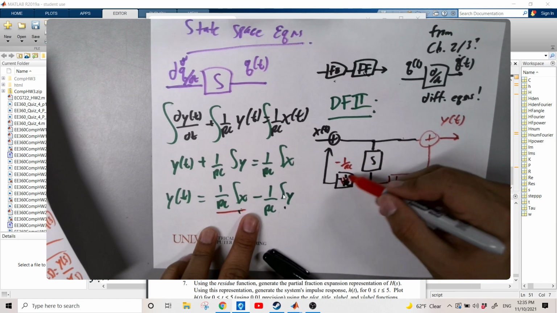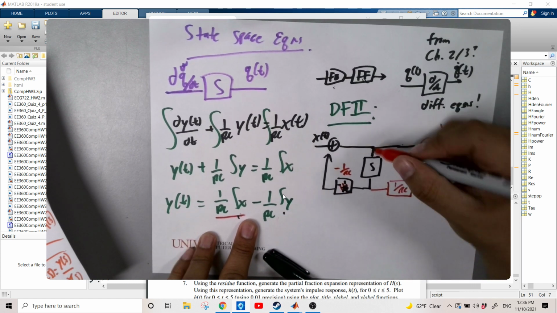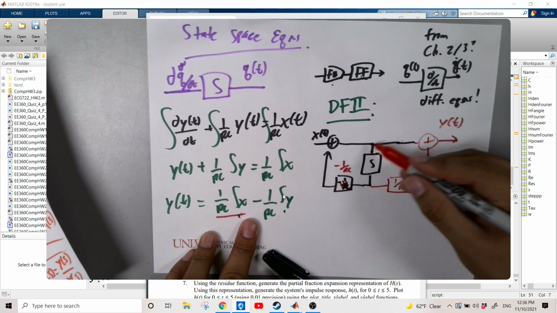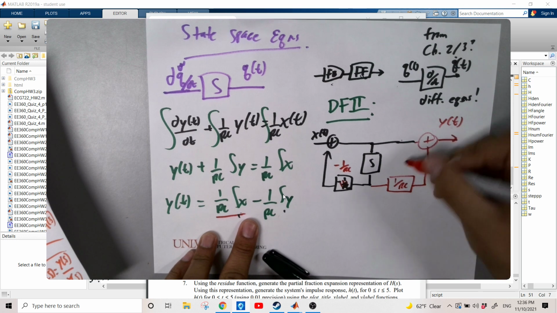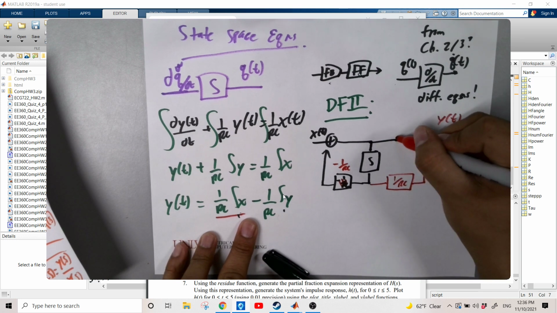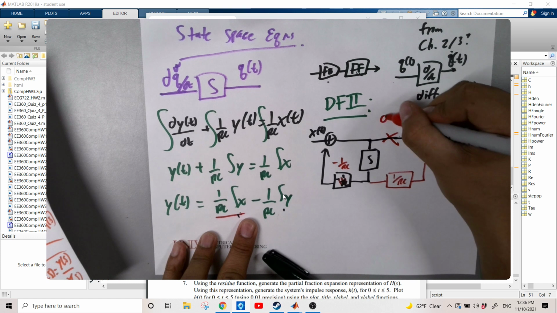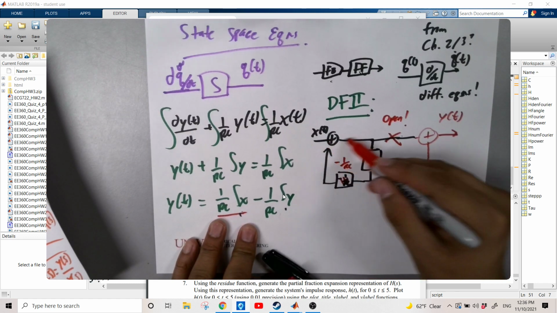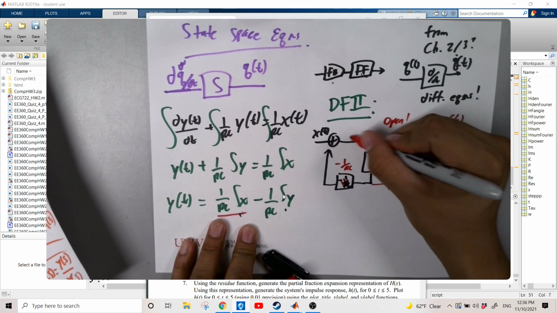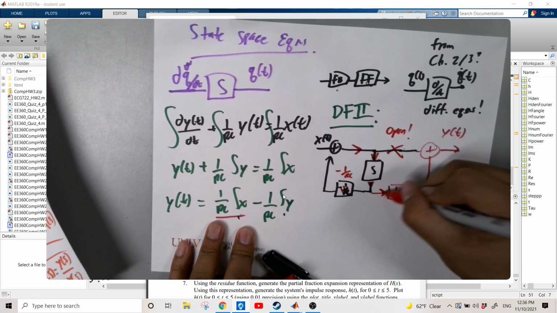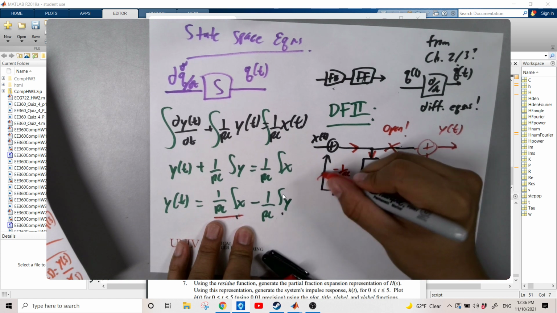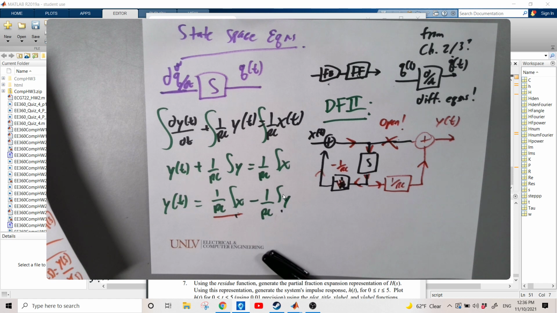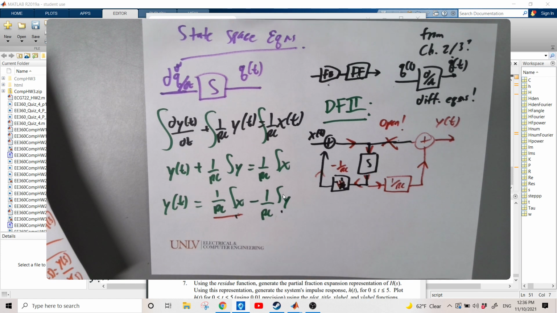Point is, direct form 2s are really hard to see, but trust me on this one. Minus 1 over RC, it feeds back, boom. Easy. Now, this right here is an open for the RC circuit. In reality, you just see this path going down right here, it goes like this, spreads that way too, and that goes out. Cool, right? All right, so now let's just practically do this.